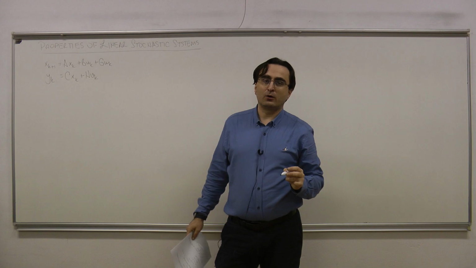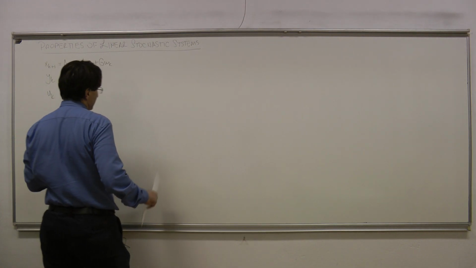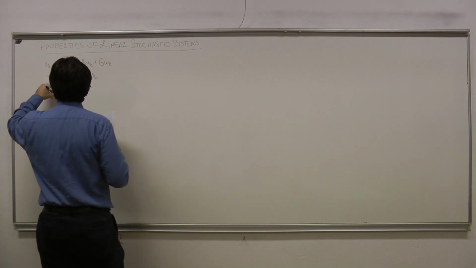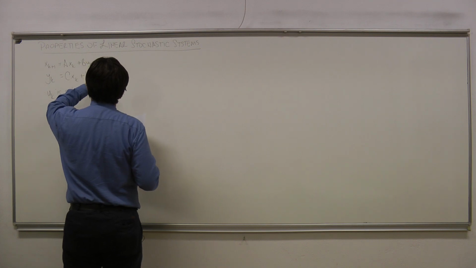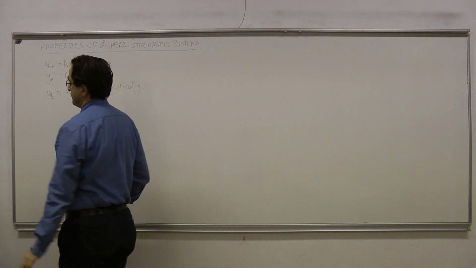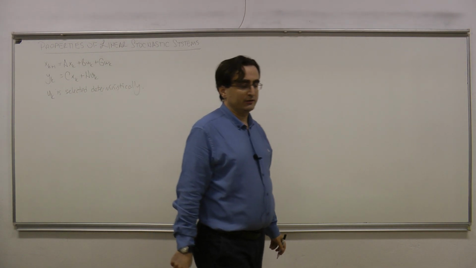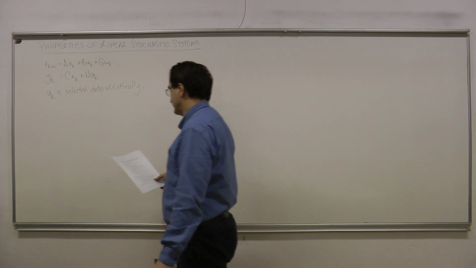In this part of the course, we are going to select the input u_k deterministically. Okay? So u_k is selected deterministically. That means that we are considering the open loop case. The u_k are given to us and we are applying them to the system.